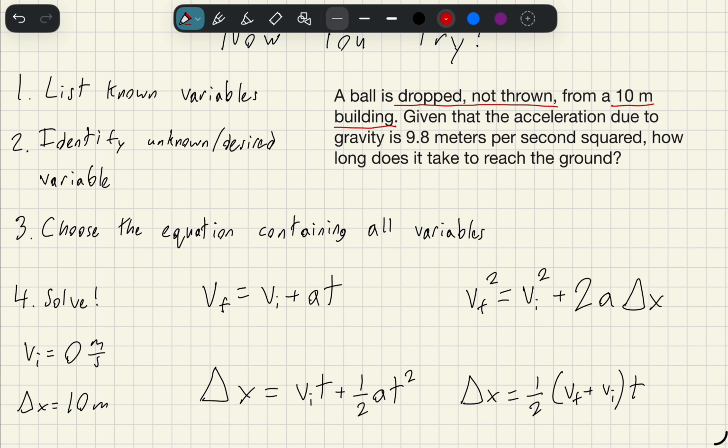Given that the acceleration due to gravity is 9.8 meters per second squared, so we have an acceleration. How long does it take to reach the ground? So that is our desired value, our time.